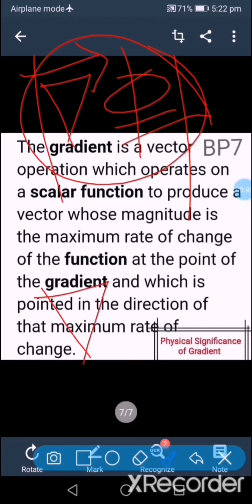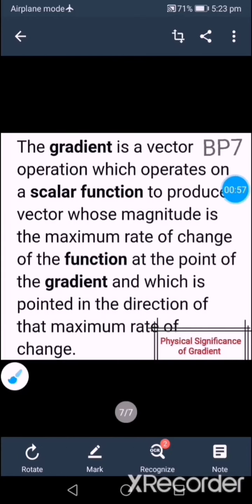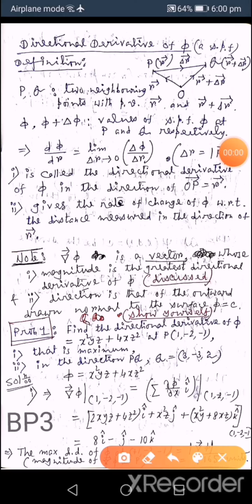So the direction is along grad phi and the magnitude is mod grad phi, which gives the maximum value of the directional derivative.